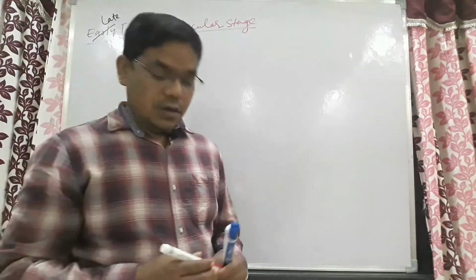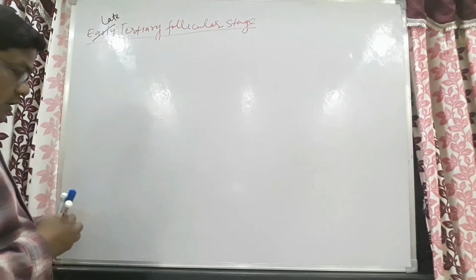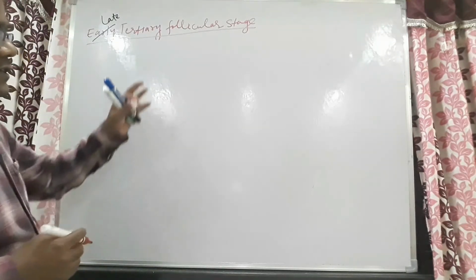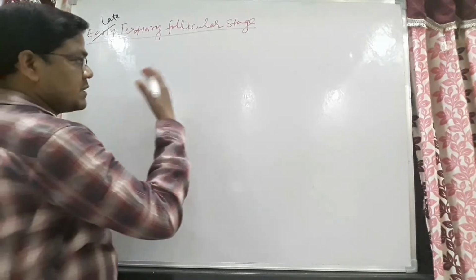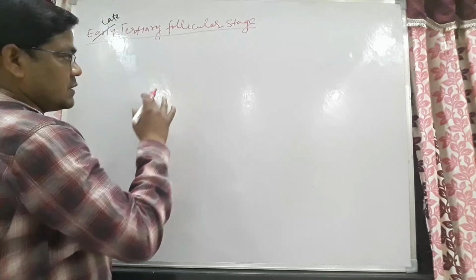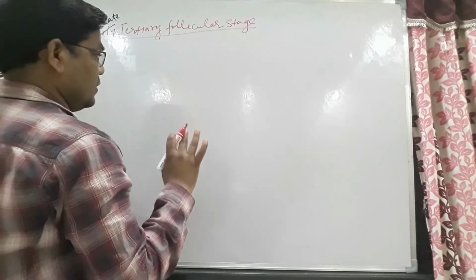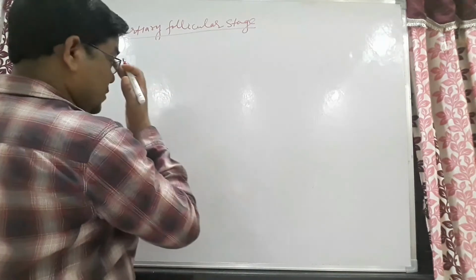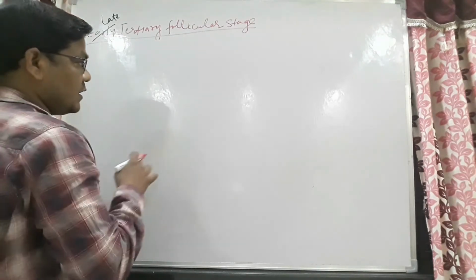Now come to the regulation of the late tertiary follicular stage. In the late tertiary follicular stage, just remember the figure, the granulosa cells and the other cells, the theca cells, are developed completely here. So there is more and more synthesis of estrogen here.